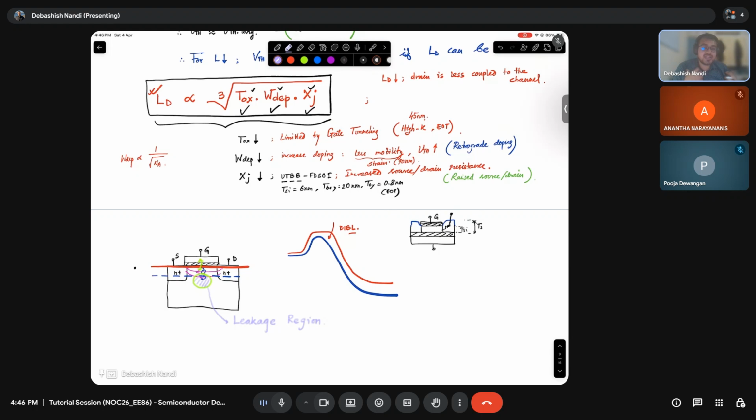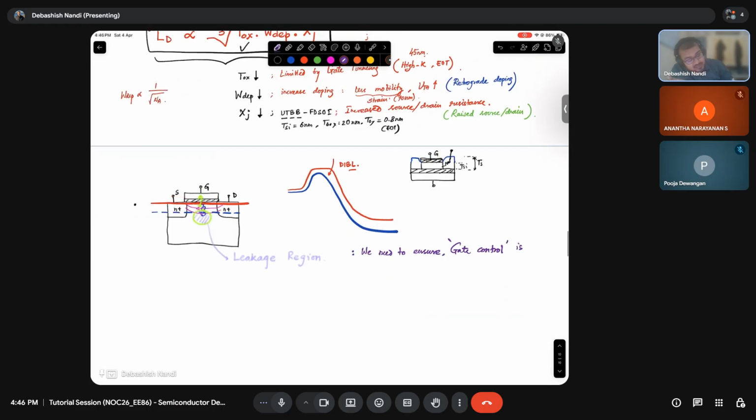So what do we need to do? The solution is we need to ensure gate control is present all over the channel.